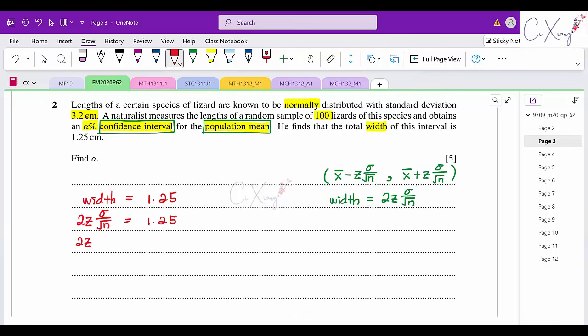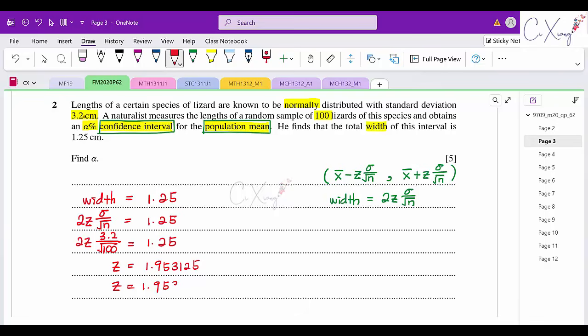Sigma is the population standard deviation, given here as 3.2. Then what is the sample size n? The sample size n is 100, and it equals 1.25. If you continue from here to solve this equation, you will get the z value, which is 1.953125. And then I will correct it to 3 decimal places.